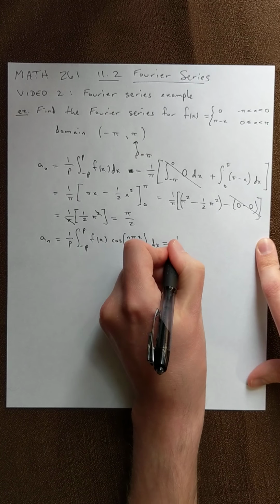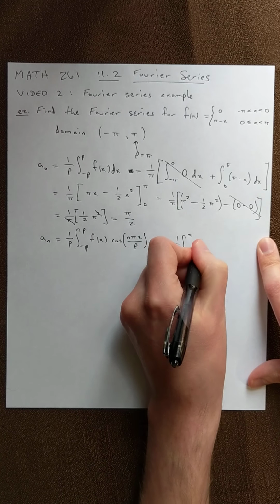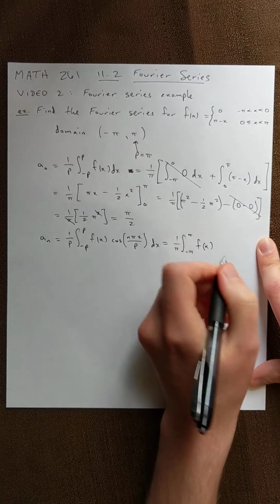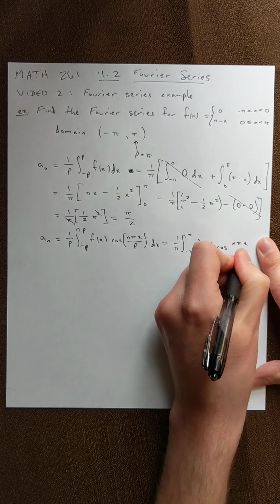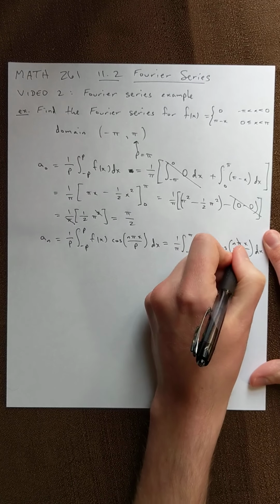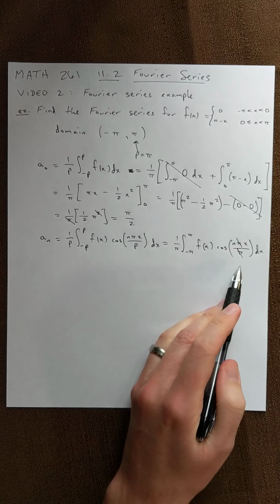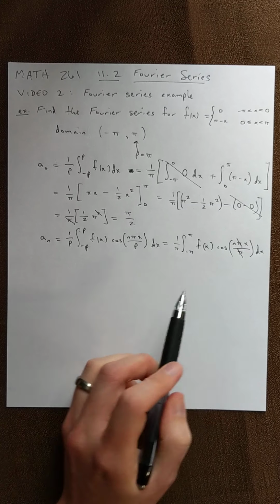So we have 1 over pi, definite integral minus pi to pi, f of x cosine n pi x over p, which is pi, dx. And conveniently we have a pi canceling, so we really have cosine nx, which is much simpler.